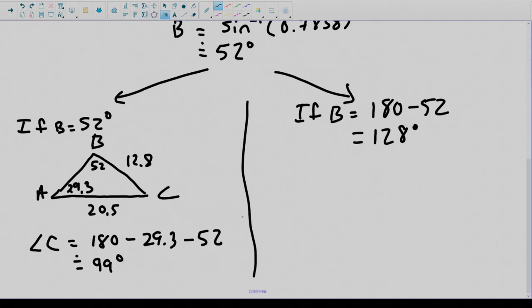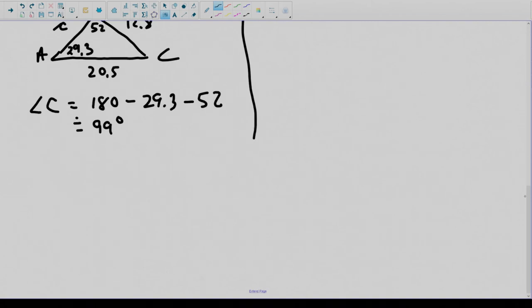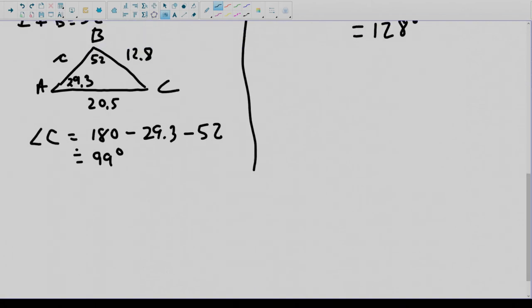Okay. And now that we have that angle, we'd have to find this side length AB, which is side length little c. And we would find little c by using our key value. We're not looking for an angle this time, so we don't even have to worry about the ambiguous case.